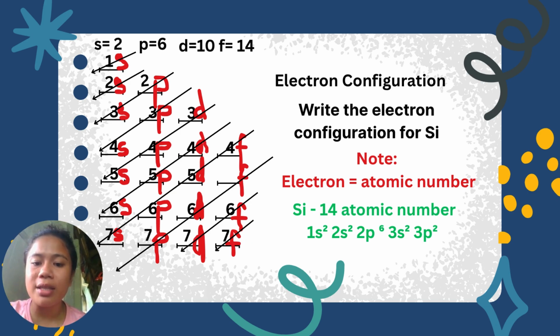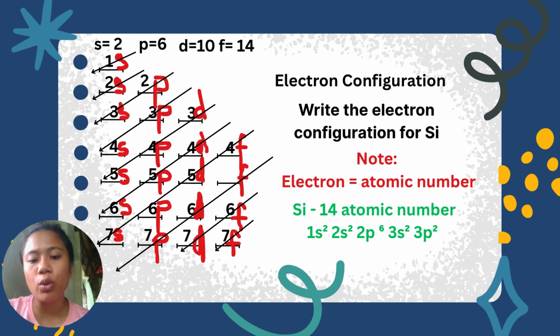Ma'am, why is it not 1s1? Because in order to have 14, let's put the maximum until we reach 14. So for the first configuration, 1s to the power of 2. For the second, 2s to the power of 2, since we can locate them here in the arrangement.